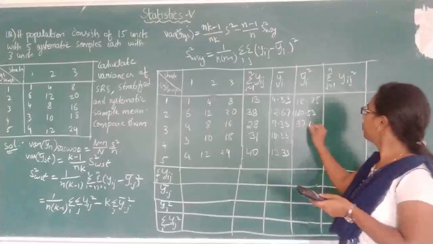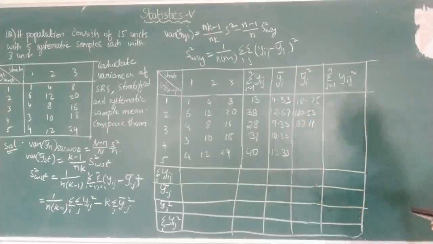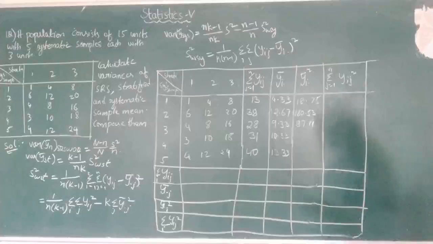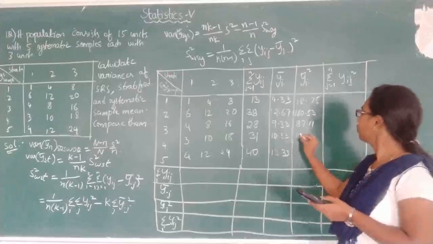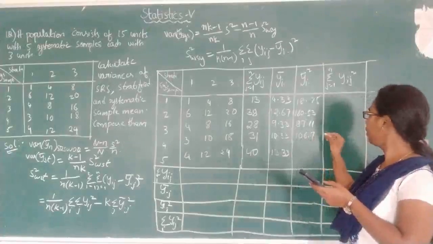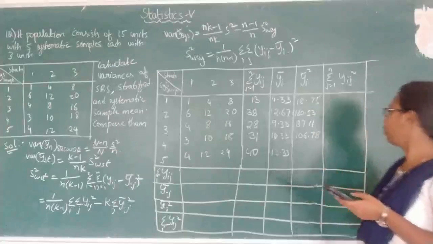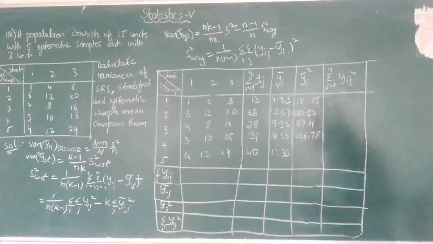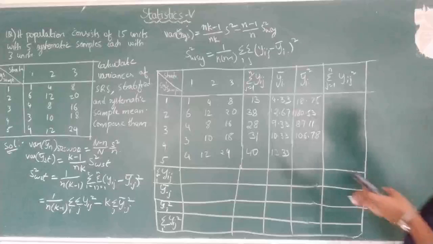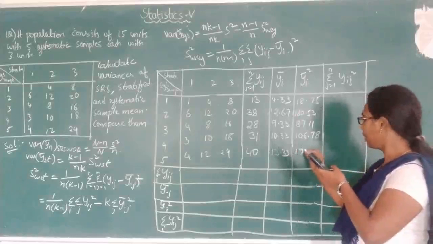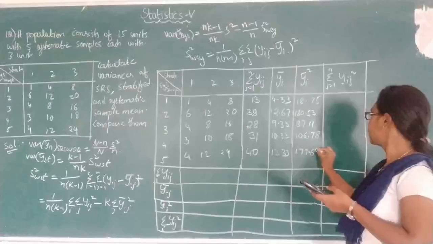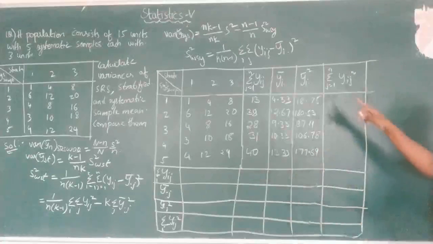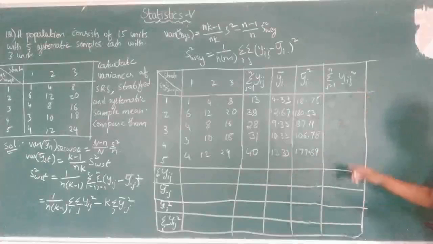Next, 10.33 square, you will be getting 106.78. If you round off to 2 digits, you will get these values. Next, 13.33 square, you will be getting 177.69. So these are the values of Yi dot bar square.